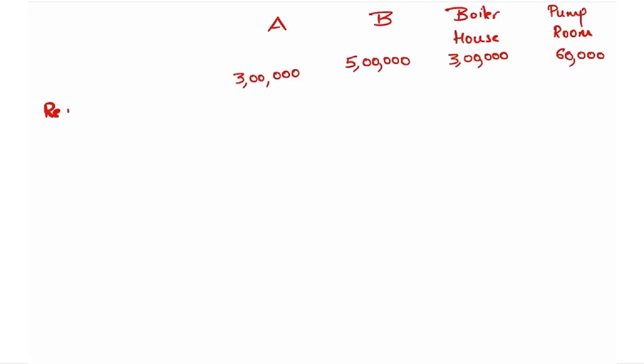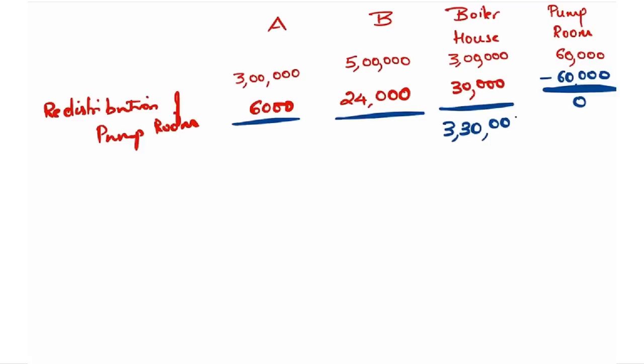So 10% to A, that will be 6,000. 40% to B, that will be 24,000, and boiler house 30,000. I've allocated all the cost of pump room, so I'll make it as minus 60,000. So this became 0. Now I have 3,30,000 of the boiler house.